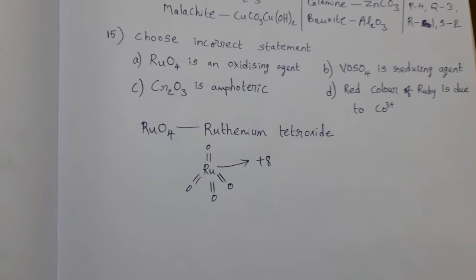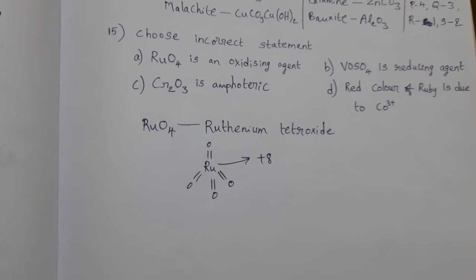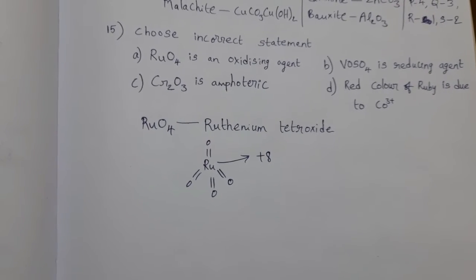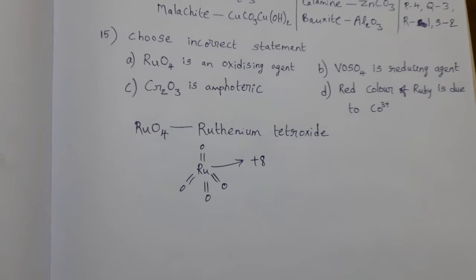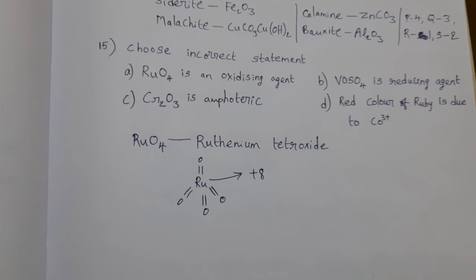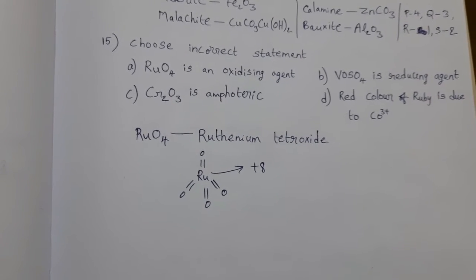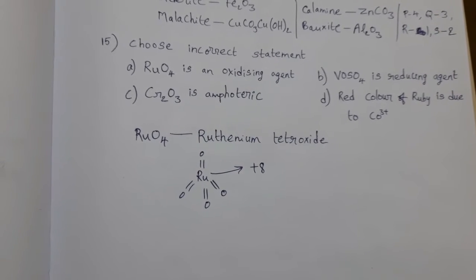What is the meaning of oxidizing agent? A substance which increases the oxidation state of another substance by accepting electrons is called an oxidizing agent.